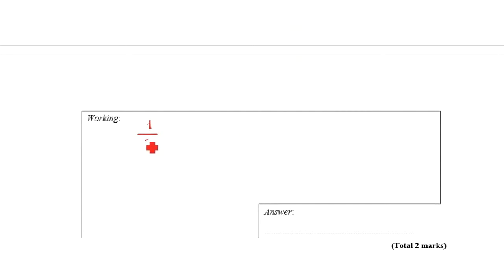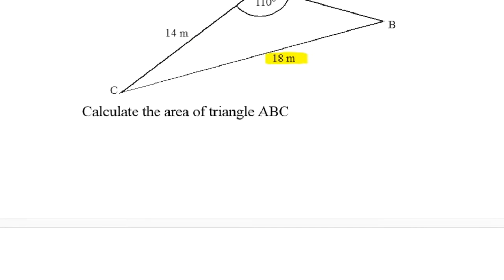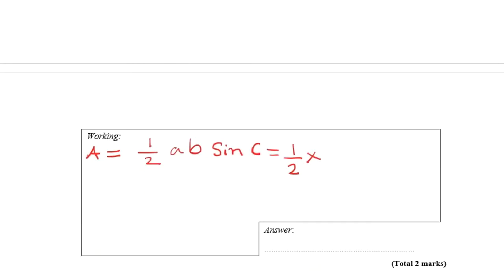So now what's the formula here? Half ab sine C. Area equal to half ab sine C. That's equal to 1 by 2 times, what is the length? 14 and 8. 14 times 8 times sine 110 degrees.